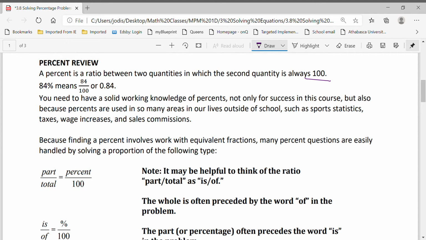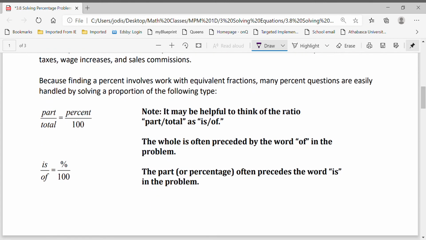Understanding how percent works is pretty important. When we're finding percent, it actually does involve working with equivalent fractions. Many percent problems are easily handled by just solving a proportion. Like we were doing in our last lesson, if we have the part over the total, we know that the percent is over 100. A lot of the time, think of the ratio part over total as is over of.